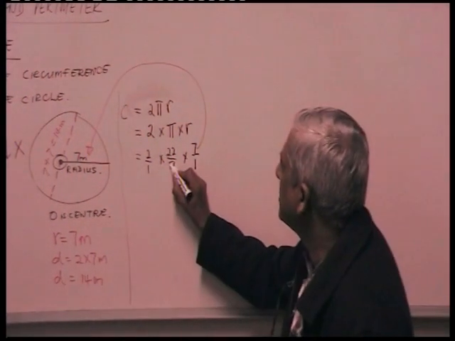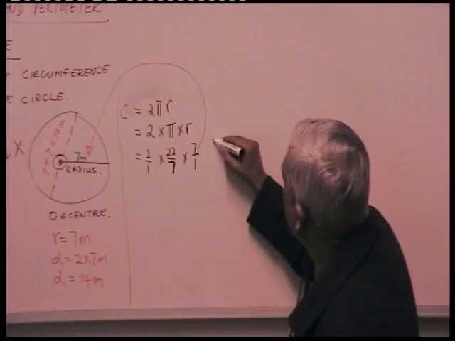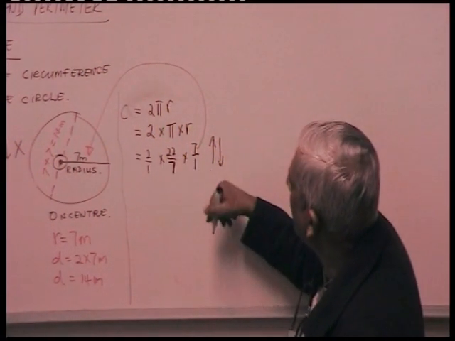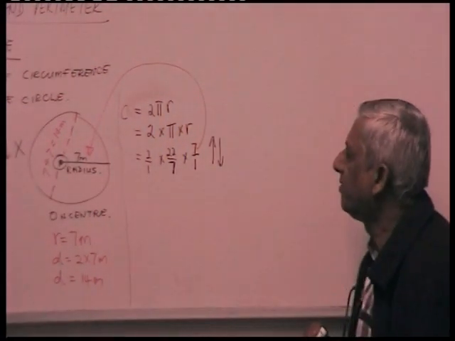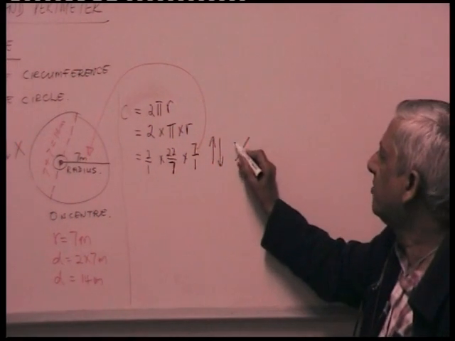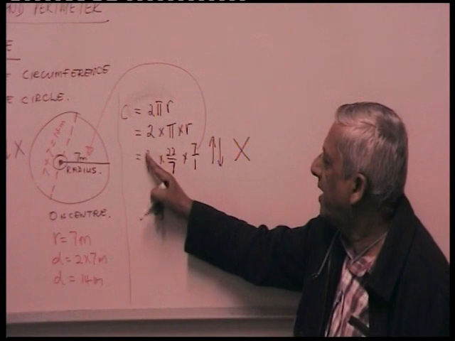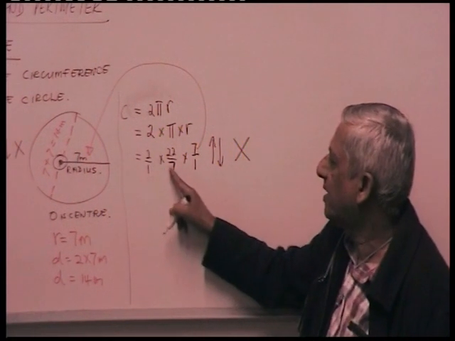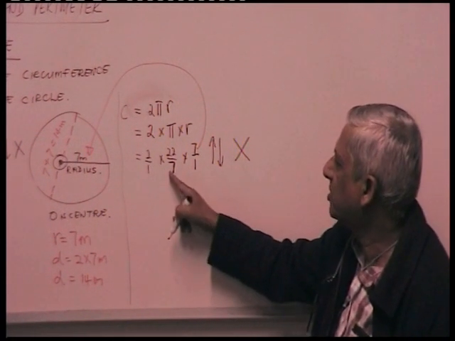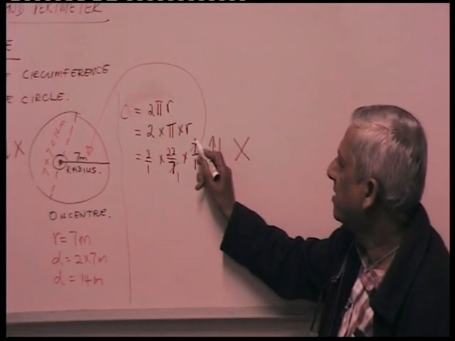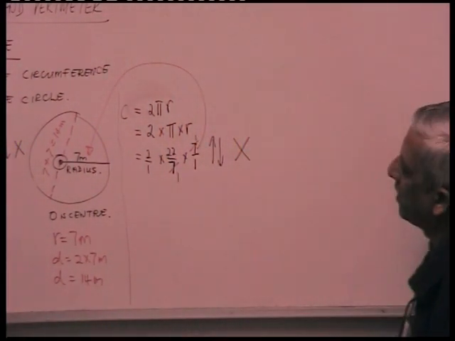Now you can see fractions again, and you want to divide up and down. Nothing can divide up and down. Then you try to divide in the form of a cross. 2 cannot divide here exactly, so forget about that. Now you try this way. Can 7 divide into 7? Yes, 7 divides into 7 one time, twice.